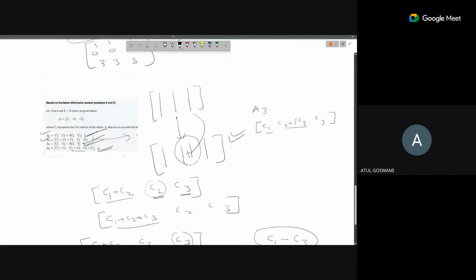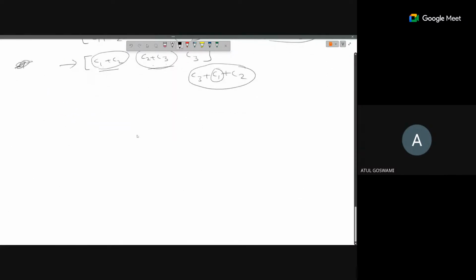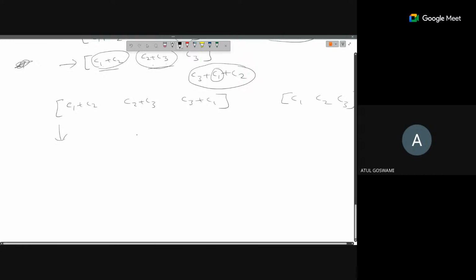Backtrack, reverse basically. I'm taking the fourth one, C1 plus C2, C2 plus C3, and C3 plus C1. Now I'm transforming this and trying to get back to the original C1, C2, C3. If I'm able to get that, it means the determinants are the same, right? Is that clear?